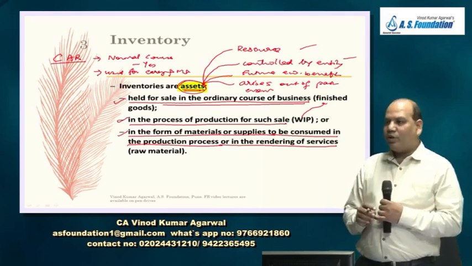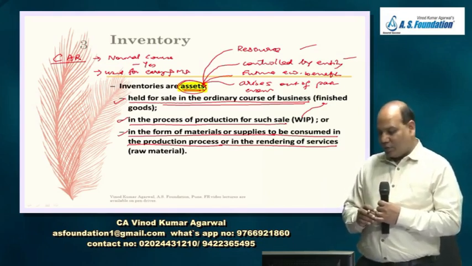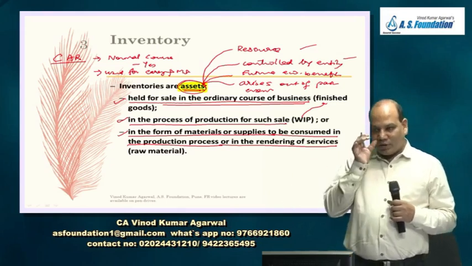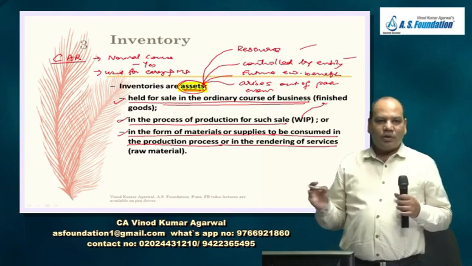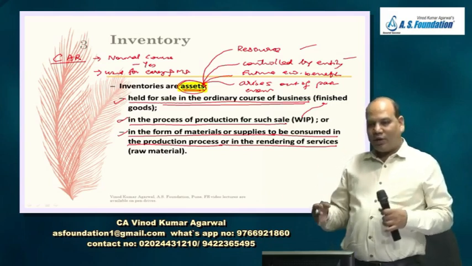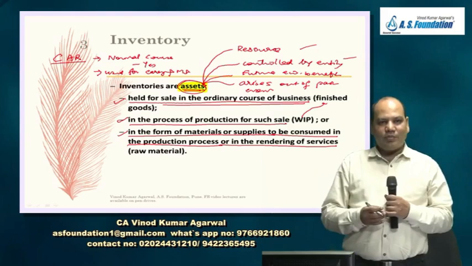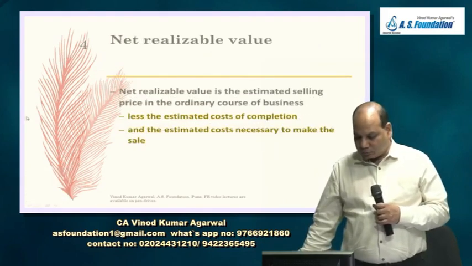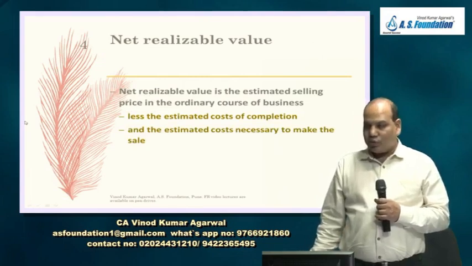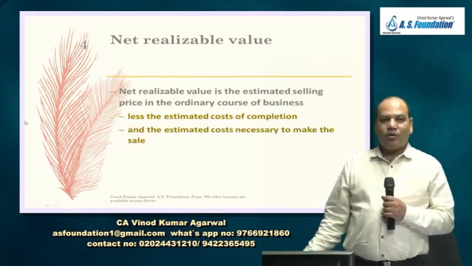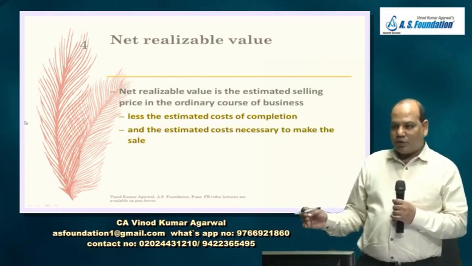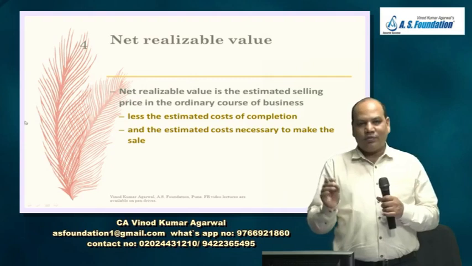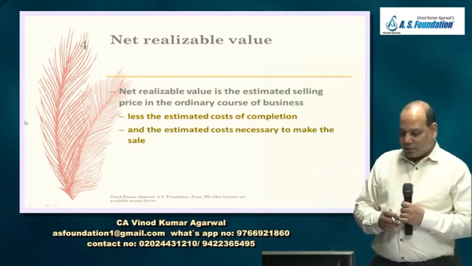It will be property, plant and equipment for that company. Some companies have cars used by the MD or CEO for commutation purposes. They are not inventory, so they will not follow IAS 2 for such cars. But if you are a dealer or a manufacturer, then you will follow this standard.